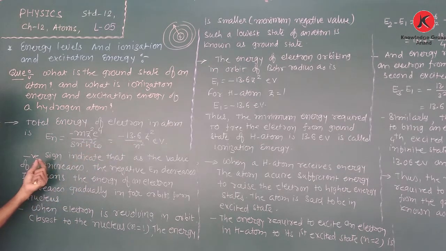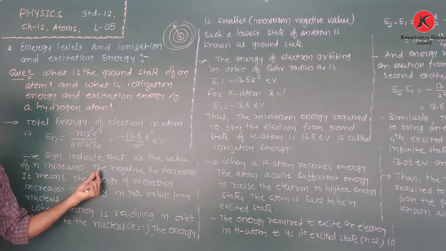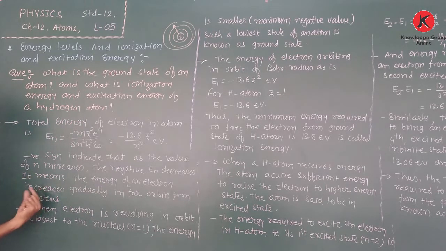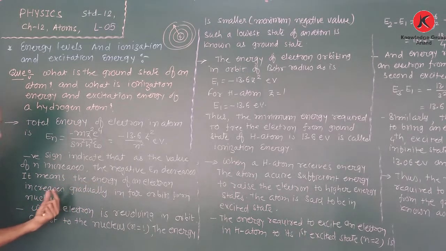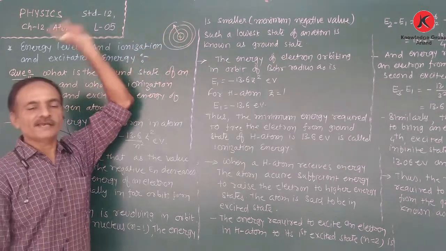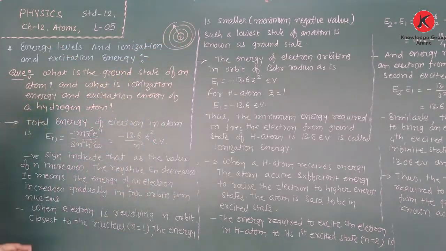Here the negative sign indicates that as the value of n increases, the negative value of total energy decreases. It means the energy of an electron gradually increases in orbits farther from the nucleus.